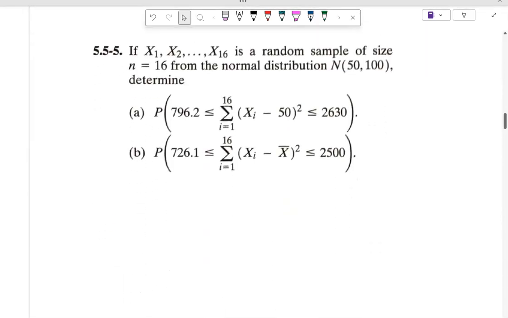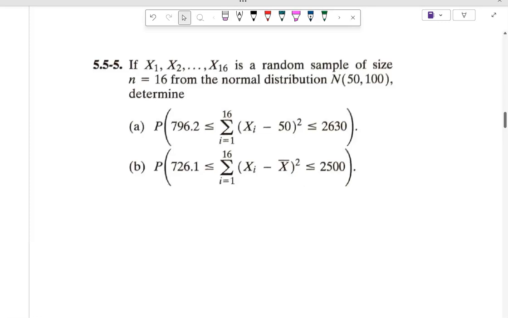This one looks just a bit strange. All right. So we know that the square of a standard normal gives you what type of distribution? Chi-squared on 1 degree of freedom, right?